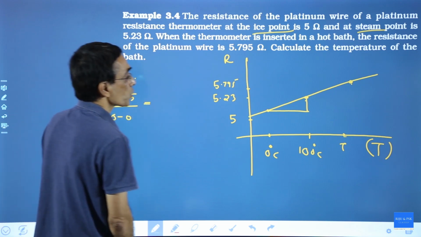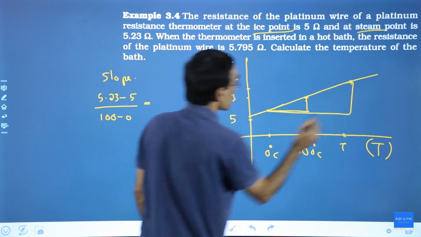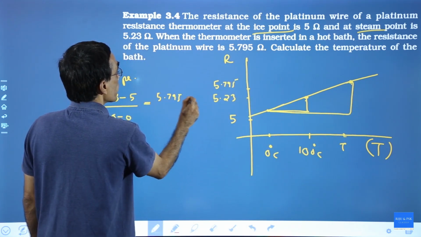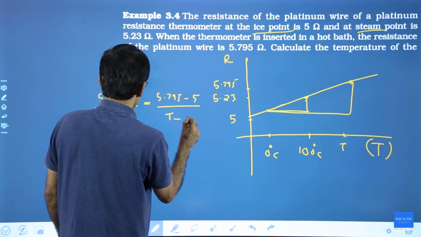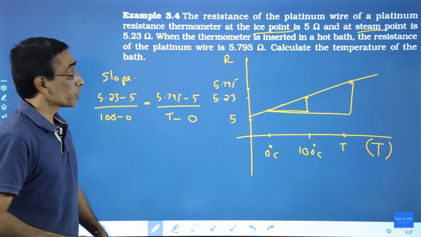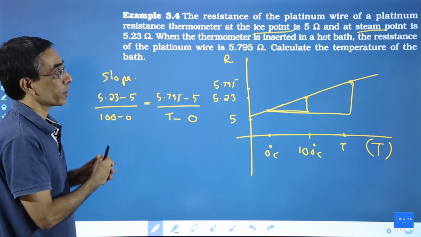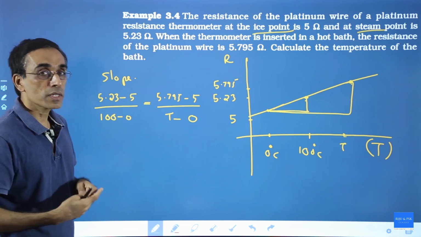The same slope should be there between these 2 points for the large triangle. And what is that one? It is 5.795 minus 5 divided by temperature T minus 0. Solve it. You can see that you are actually ending at the same equation of average value, R2 minus R1 divided by R1 into T2 minus T1.